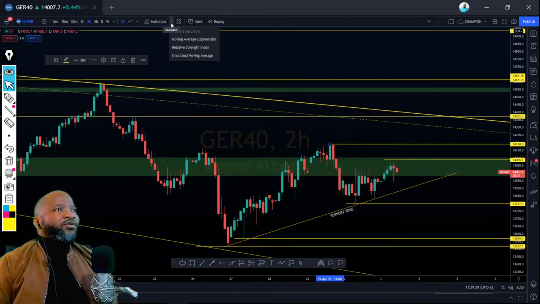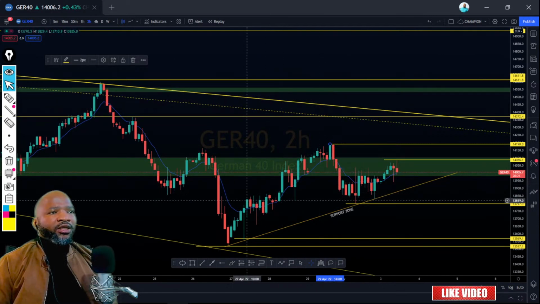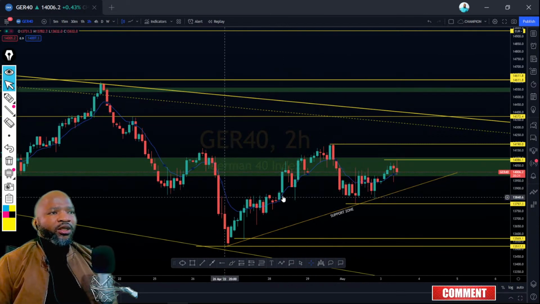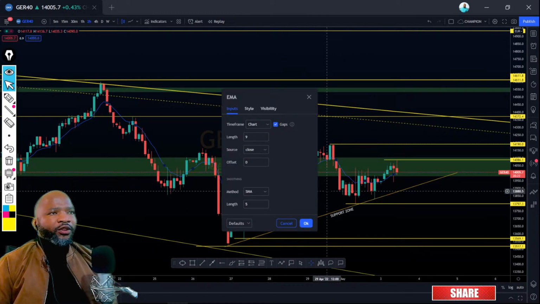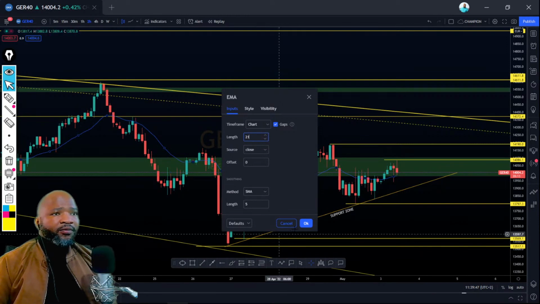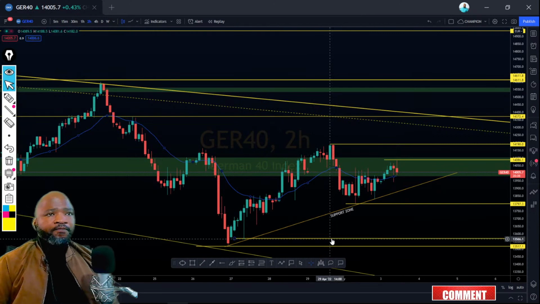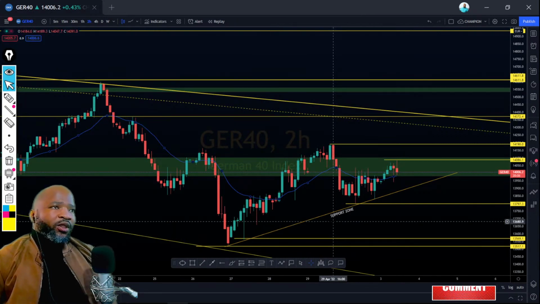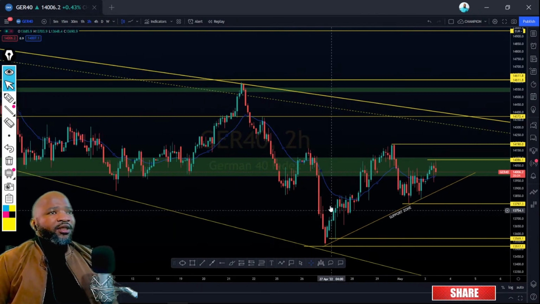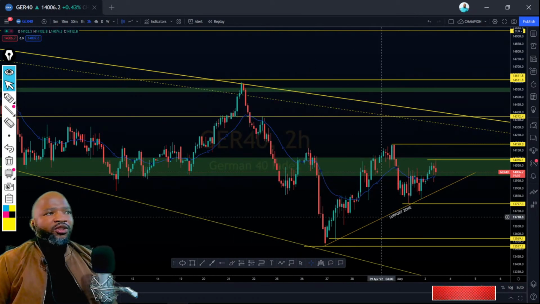indicators. Speaking of the indicators, I was using the exponential trend line, and this is your 21 moving average. Oh, this is 9. Let me use 21. I like to use 21, by the way. I prefer using the 21. With the 21, you can see the price. Yeah, exponential.